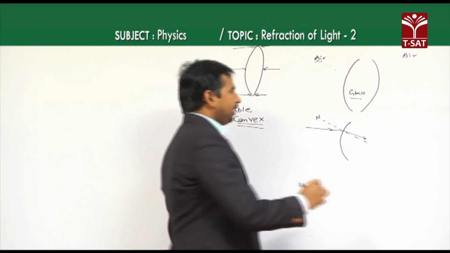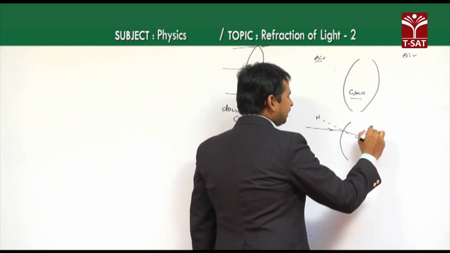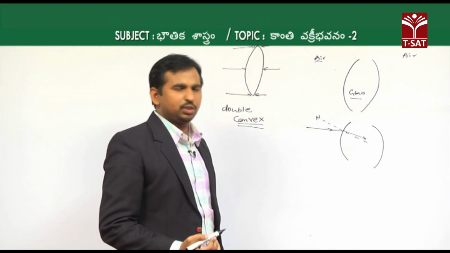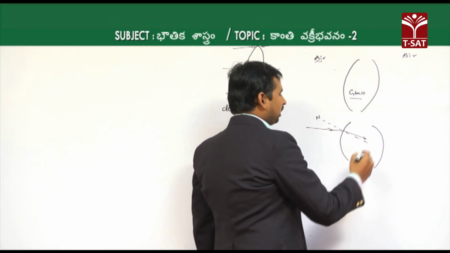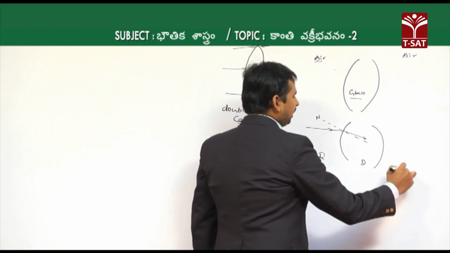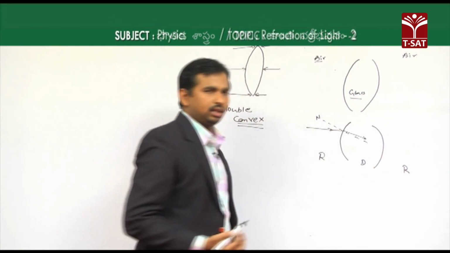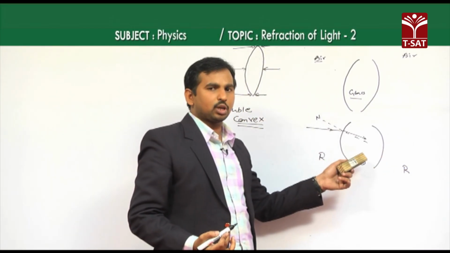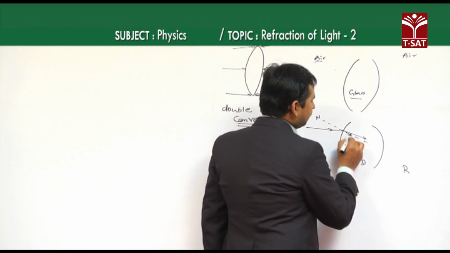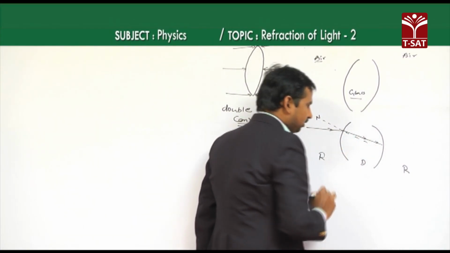Okay. Now the light ray which enters here, coming from glass back to the air, which means from denser medium to rarer medium, this is denser, this is rarer, and again back to the air, which is again a rarer medium. Now the light ray is coming down here like this.